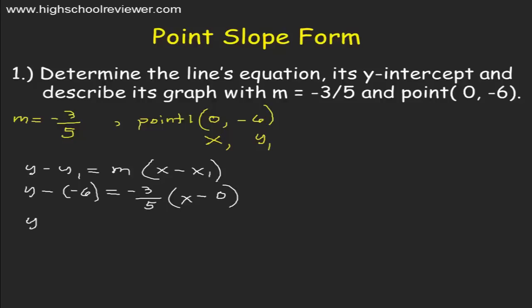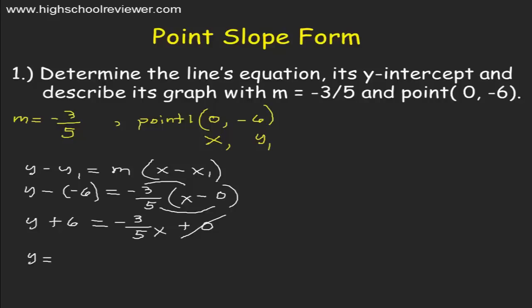So this will be y, negative times negative, that is positive 6, equals negative 3 over 5 x. And negative 3 over 5 times negative 0 will be 0, so we can cancel this out.